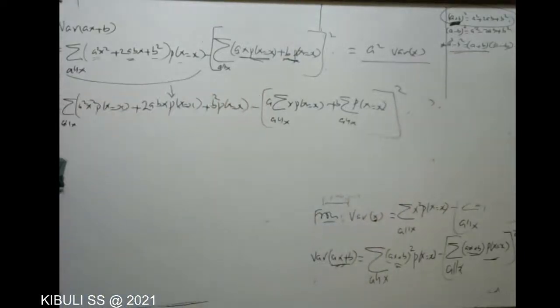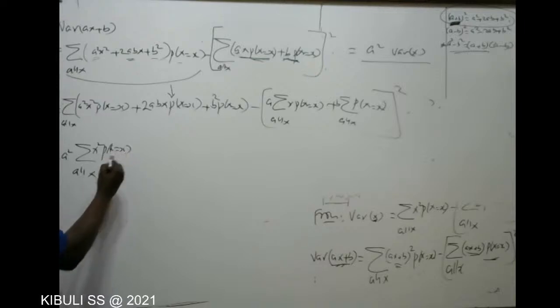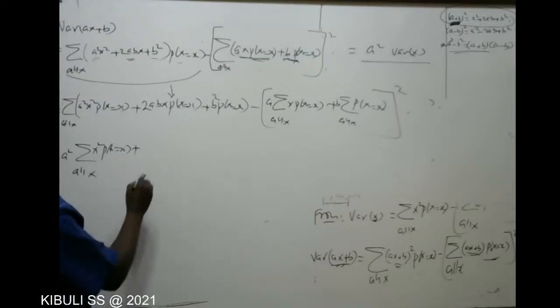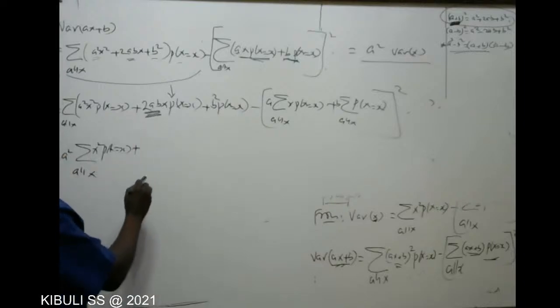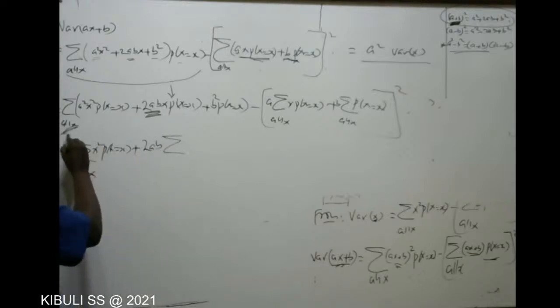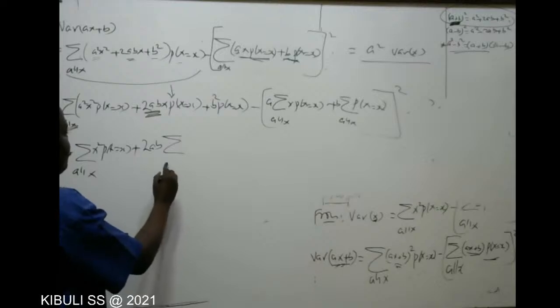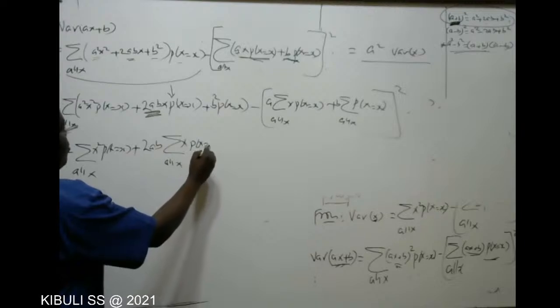That's the real implication. After doing that, these are constants, so we are going to pull out the constant. We shall have here A squared, the sum of all of X, X squared probability of X is equal to X, plus, you see this, these are two constants, so we shall have 2AB, sum of all of X, and retaining that, X is equal to what?